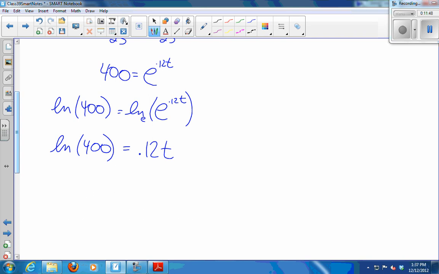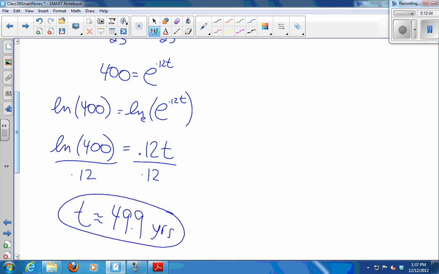They're inverses. So all you get is the 0.12t. Then just divide both sides by 0.12. And we get t is about 49.9 years since 1976, right?